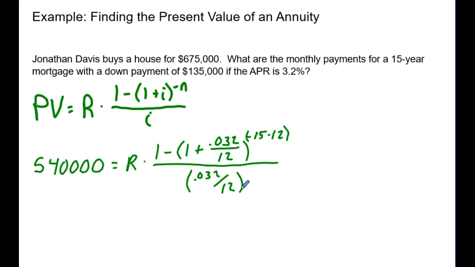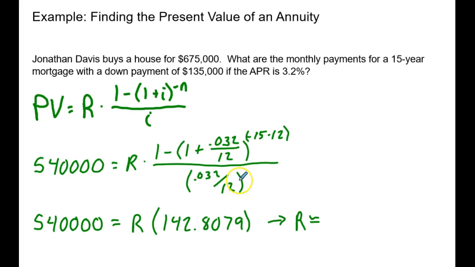Again, you're going to plug this in on your calculators and simplify and isolate R. In this case, it's probably easier to simplify this part on the right and get a decimal approximation because you're going to have to take 540,000 divided by that quantity to get R isolated by itself. If you simplify this part on the right, you get approximately 142.8079.